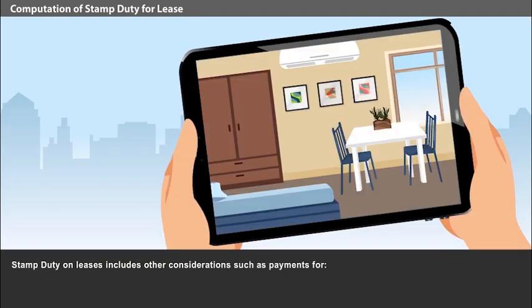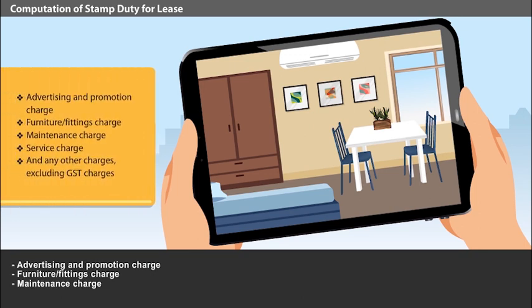Stamp duty on leases includes other considerations such as payments for advertising and promotion charge, furniture or fittings charge, maintenance charge, service charge, and any other charges excluding GST charges.